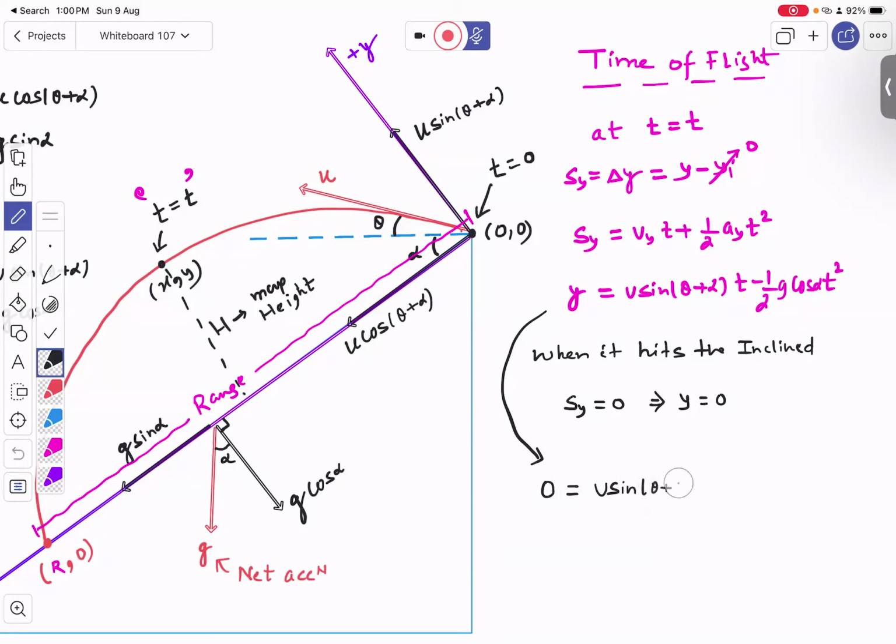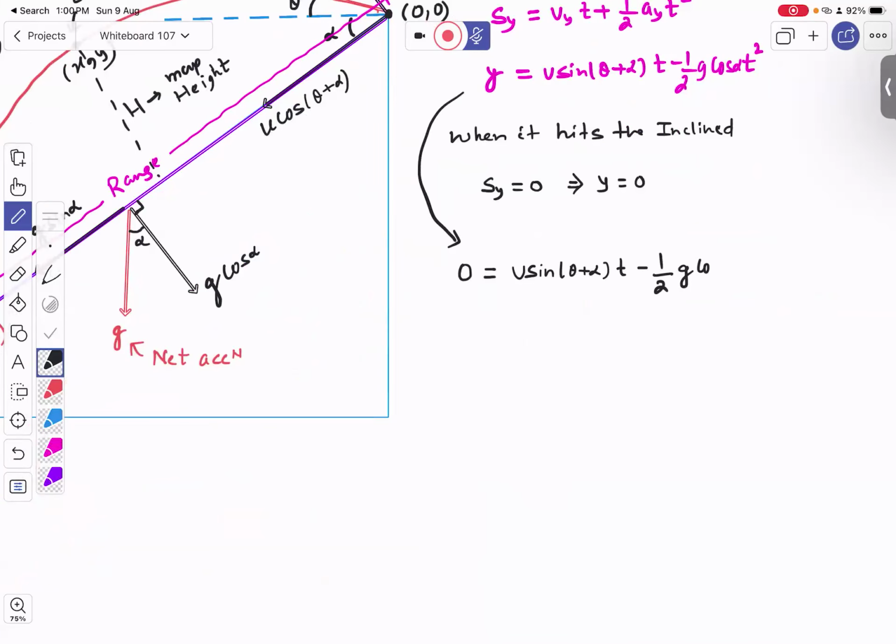So u sine theta plus alpha into t minus half g cos alpha into t square. If you solve for the roots, you get one root t equals 0, and the other root will be t equals 2u sine theta plus alpha by g cos alpha.